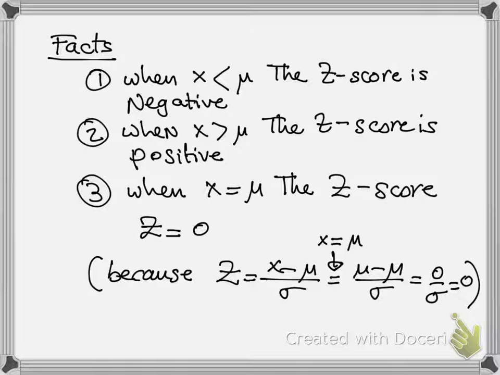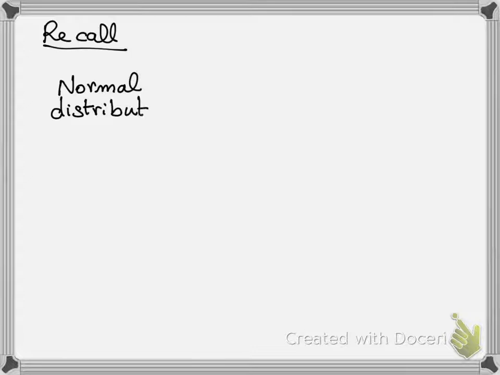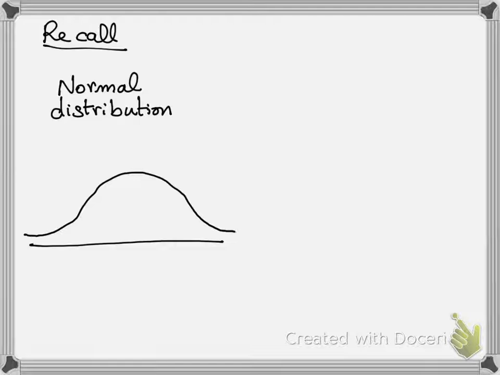Now, you may ask, why is this z-score so useful? Well, let me just remind you here, guys. We said when we have a normal distribution, the curve is bell shaped, right?